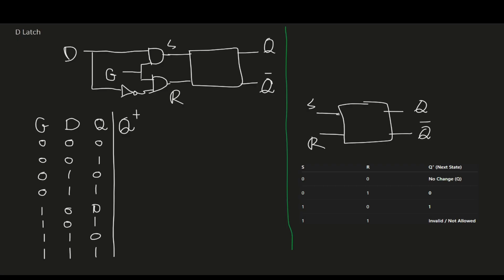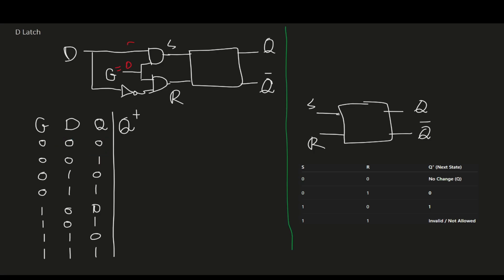Now let's figure out the next state. For the first four rows, the gate is disabled, G is 0, so let's put 0 here in our circuit. First row, D is 0 and Q is 0.